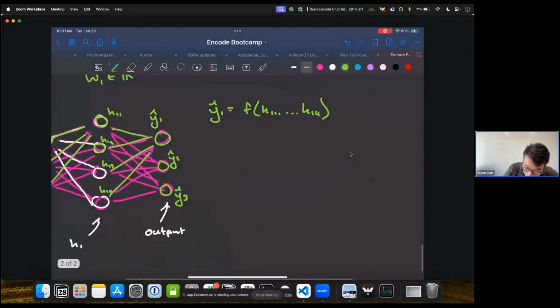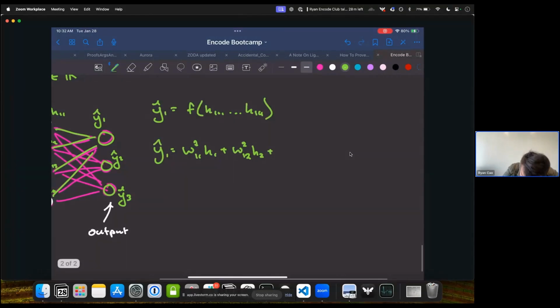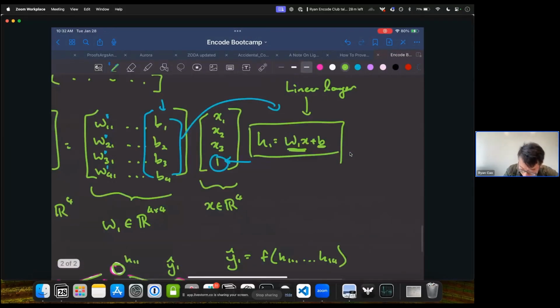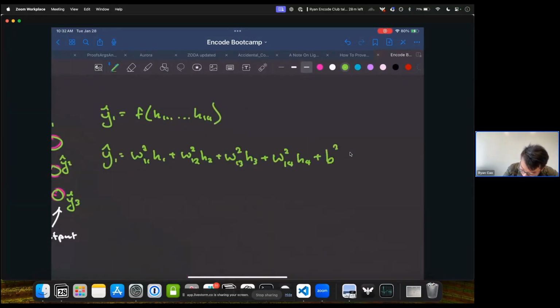The TLDR is that y hat 1 equals W211 H1 plus W212 H2 plus W213 H3 plus W214 H4, and then plus the bias, let's call this B21. Sorry, these are not squared terms. They are just superscripts which indicate which layer we're in. So that's what all the 2's mean.